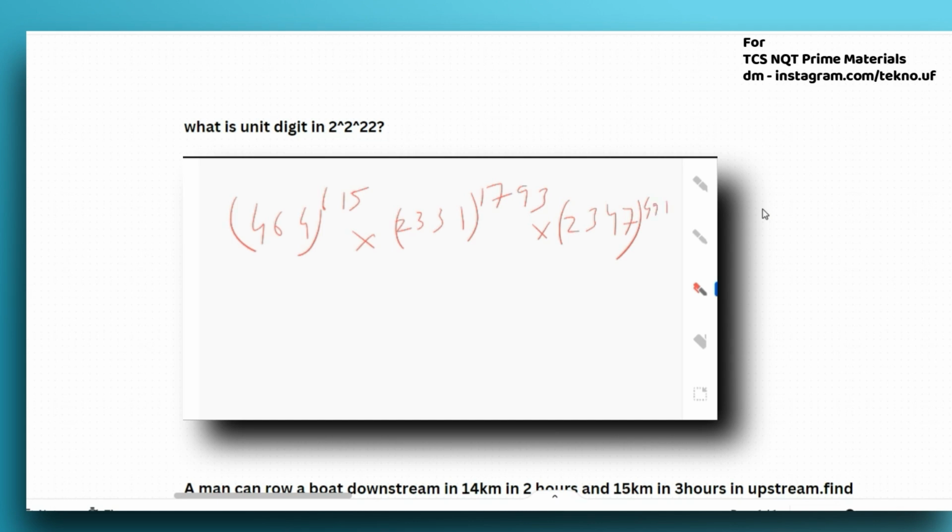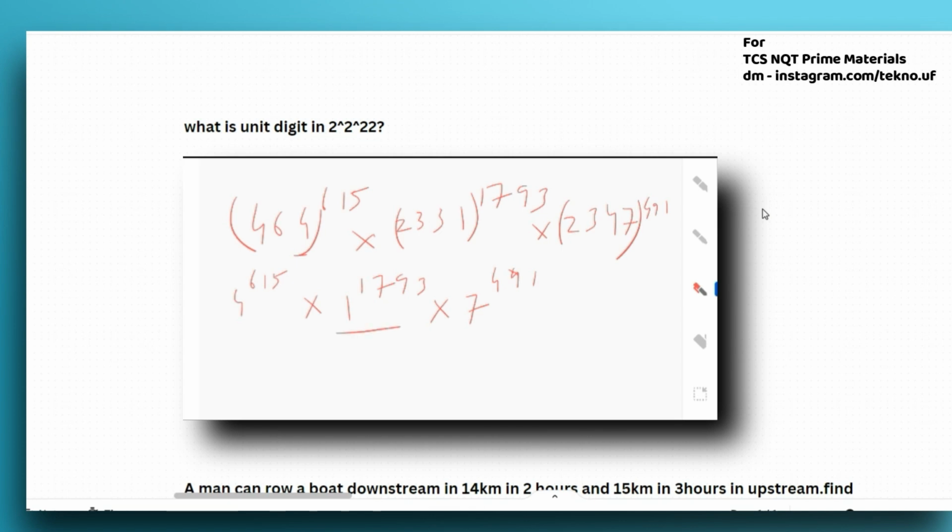In this case the unit digit is 4 to the power 615 multiplied by 1 to the power 1793 multiplied by 7 to the power 491, right? So how would you represent this?